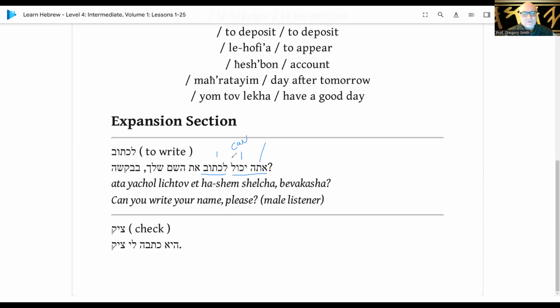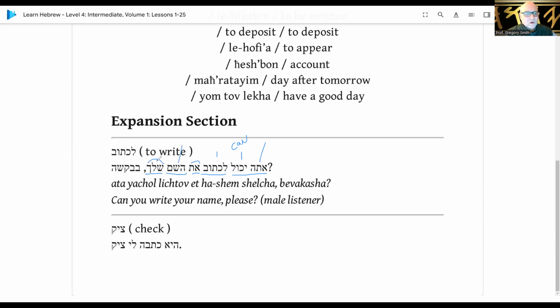And this is you, masculine singular, to write. And this is untranslatable, et. Hashem, shelcha. See, wait a minute here. Hashem, the name. So it's like the name belonging to you. Oh, that's what that is.